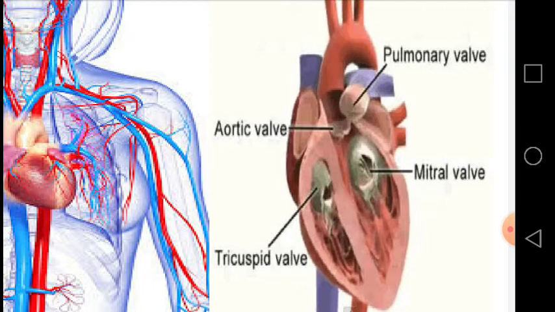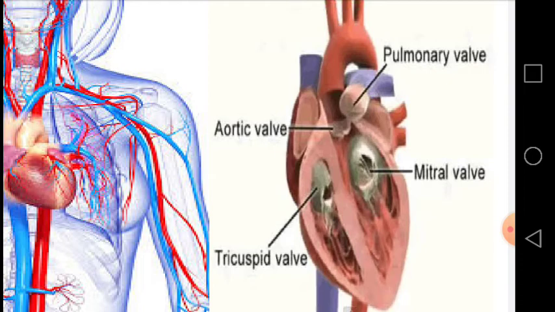On the surface of the ventricles are small blood vessels called coronary arteries. These small arteries come off the aorta and supply the heart muscles with blood. The left and right sides of the heart are separated by a muscular wall called the septum. Between the atria and ventricles are atrioventricular valves.